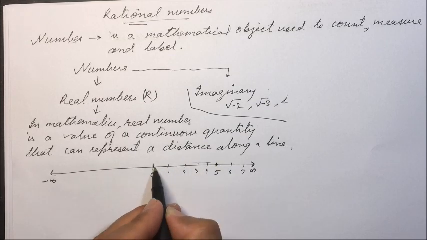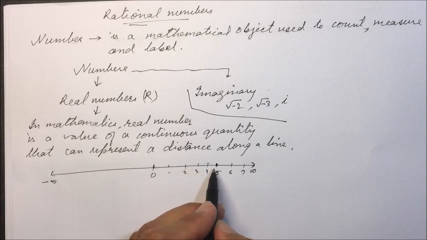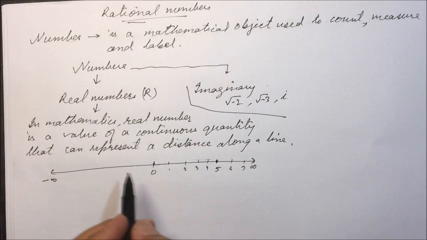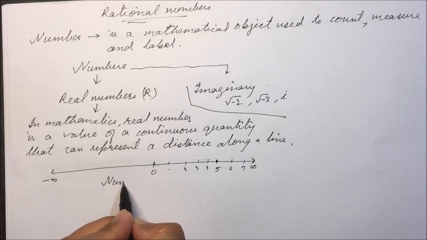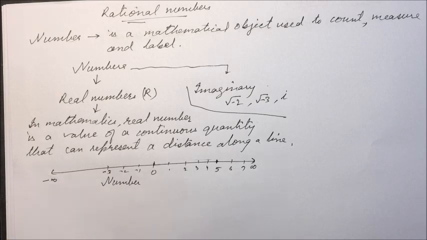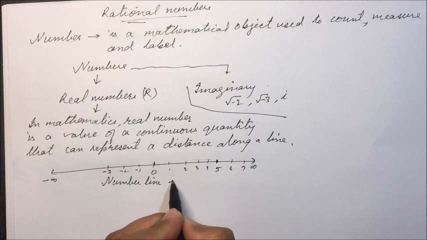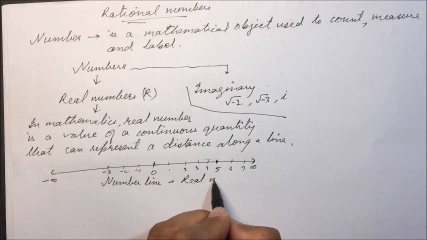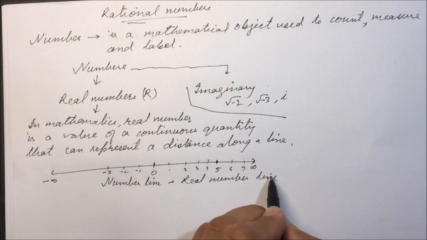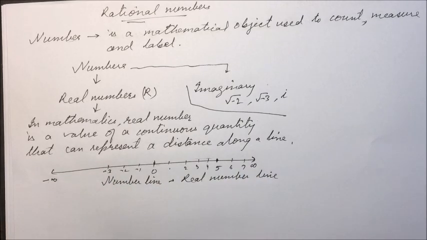So a number can be represented along the line, and this number is called a real number. Usually real numbers can only be represented on the line. So we call this the number line. Here it can be -1, -2, -3, like that. This number line, we call it the real number line. Only real numbers can be represented on the line.